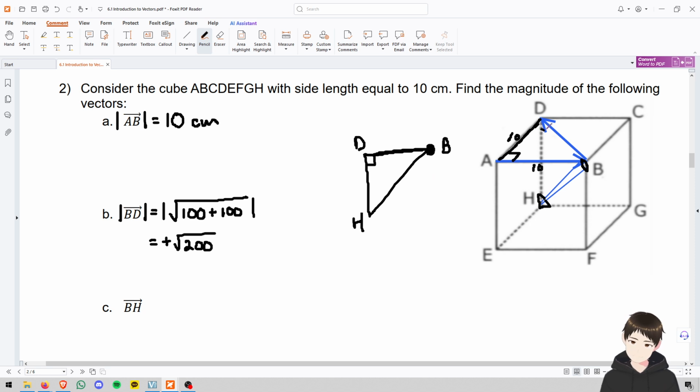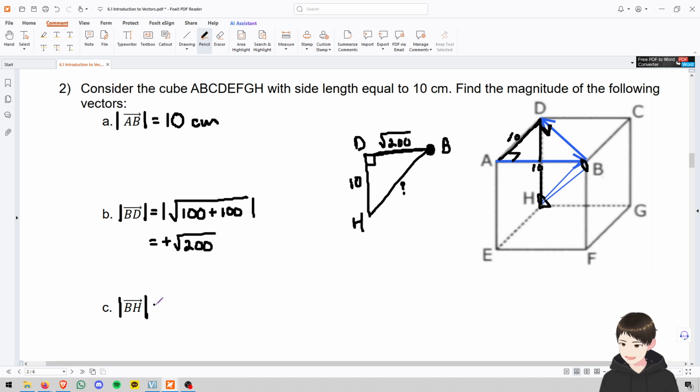It's right here. It's 3D, right? And so I know what BD is. The distance is square root 200. I know what DH is because that's the side length of a cube. What's the magnitude of BH?